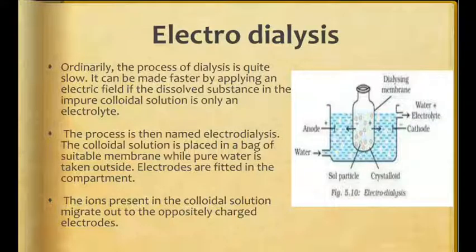The colloidal solution is placed in a bag of cellophane paper while pure water is taken outside and electrodes are fitted in the compartment. Now the ions present in the colloidal solution will start migrating towards the oppositely charged electrodes.